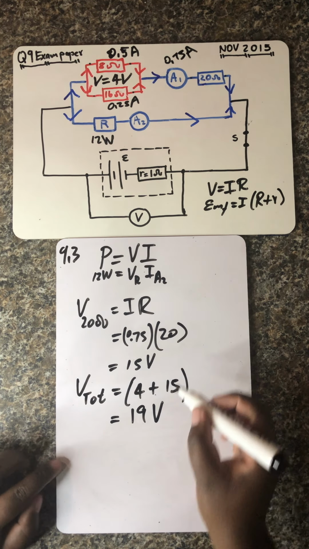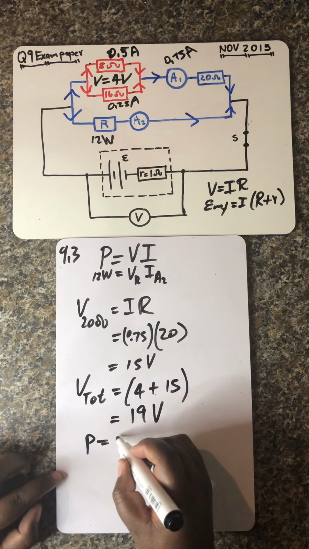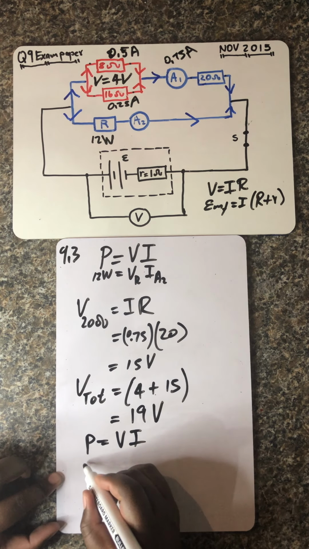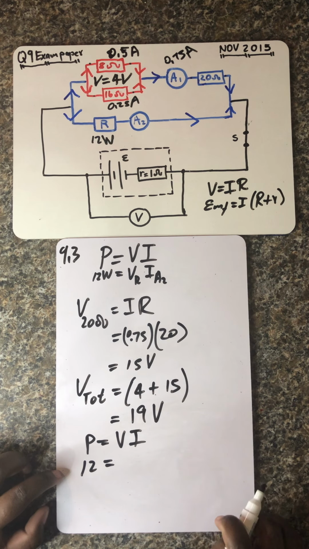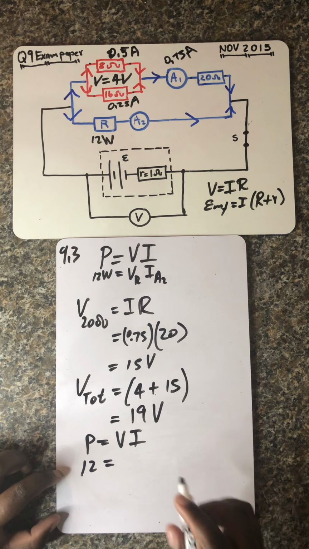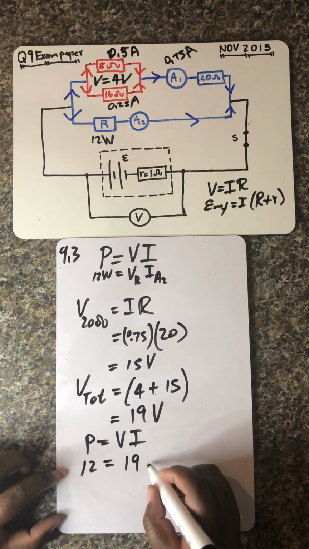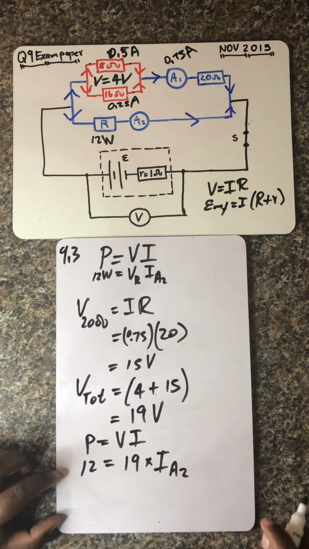So now we can substitute into that formula, which is P equals VI. We're given that power as 12 watts, which is equal to V, which we just calculated, multiplied by the current flowing through ammeter 2.